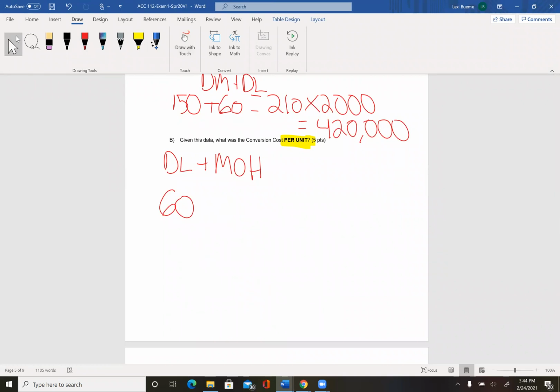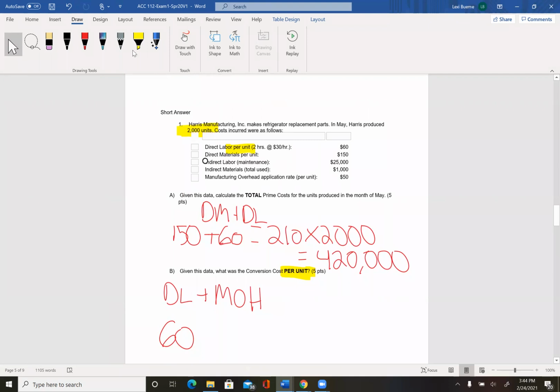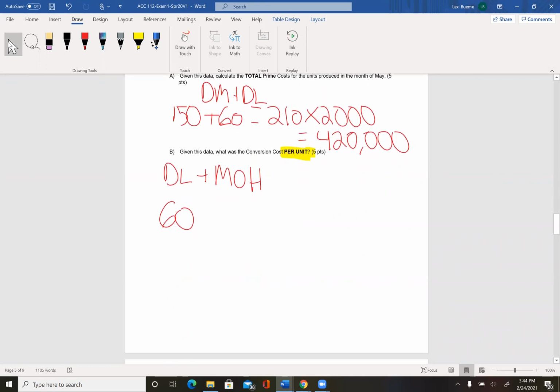And then your manufacturing overhead is also above, which is going to be this 50 right here. So you're going to add 60 plus the 50, which is 110. And that's going to be your conversion cost per unit.